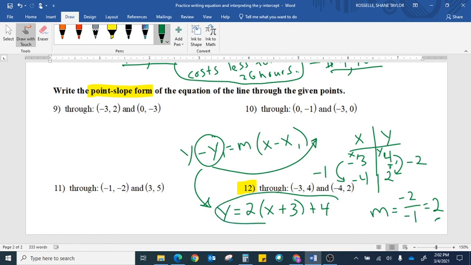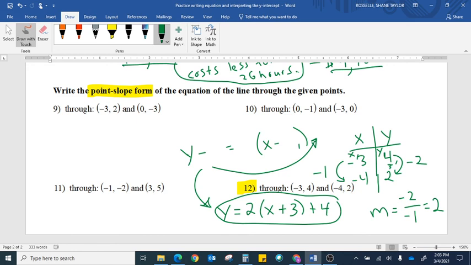Okay? So if I were to write it in the form that I listed right here, all I have to do is the same thing that I did over there and just replace everything.